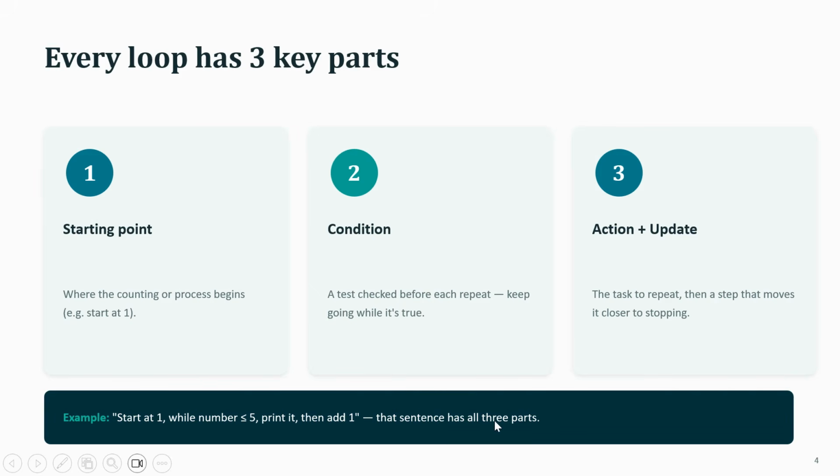The sentence has all three parts. Action plus update. The task to repeat, and the next step that moves it closer to stopping. So it's action plus update as well.